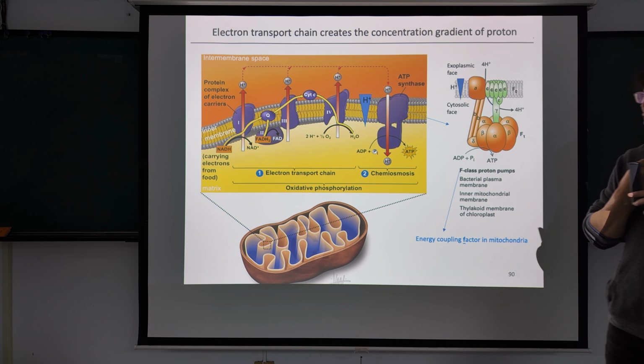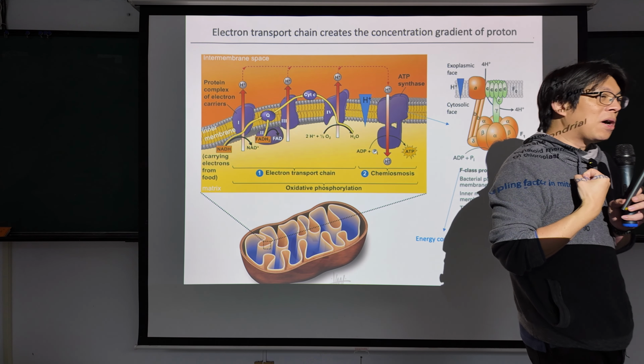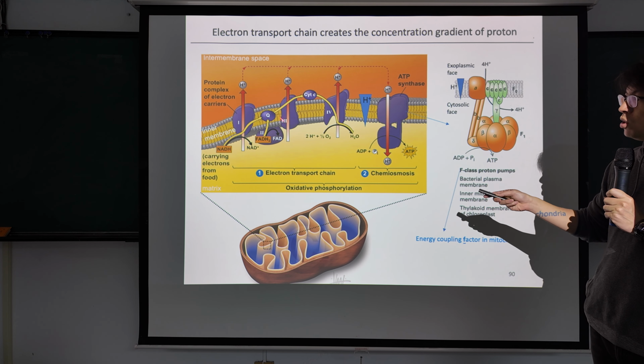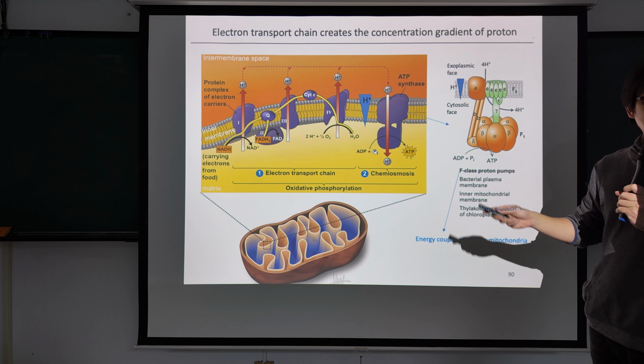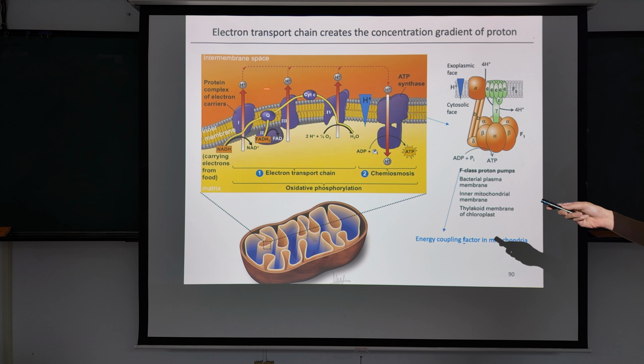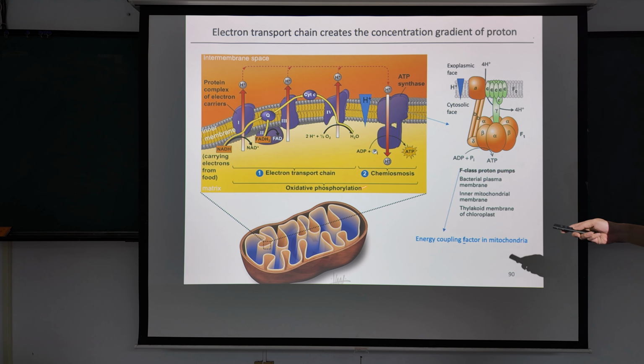Okay, so NADH and the FADH2 then will go to the mitochondria and release those high energy electrons to change a lot of different proteins' conformation, and those we call the electron transport chain. They will change their conformation and keep pumping proton from the matrix to the intermembrane space. Okay, and it generates strong electrochemical gradient of the proton here.